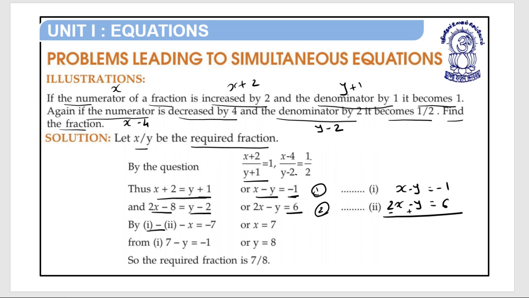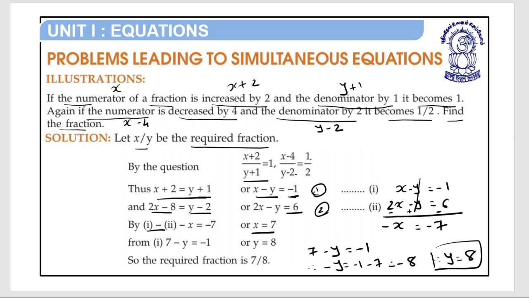Minus y and plus y cancel, and 2x minus x is x, minus 1 minus 6 is minus 7, so x is equal to 7. Put the value of x into equation 1. So, 7 minus y is equal to minus 1. So, minus 1 minus 7 is equal to minus 8, so y is equal to 8.